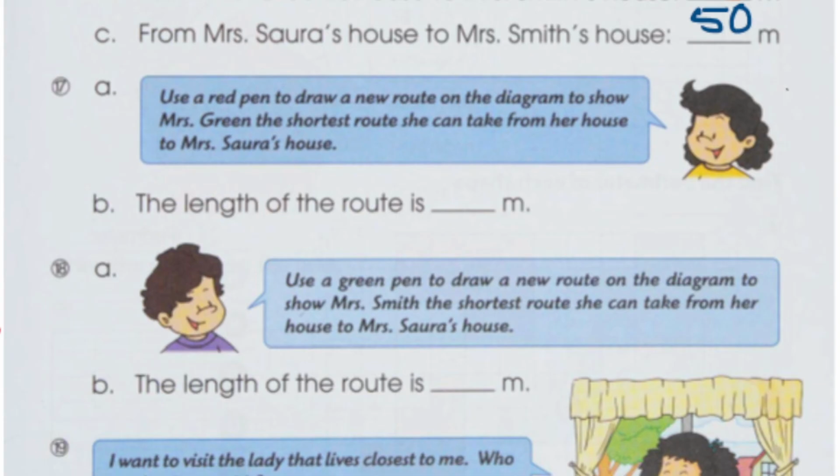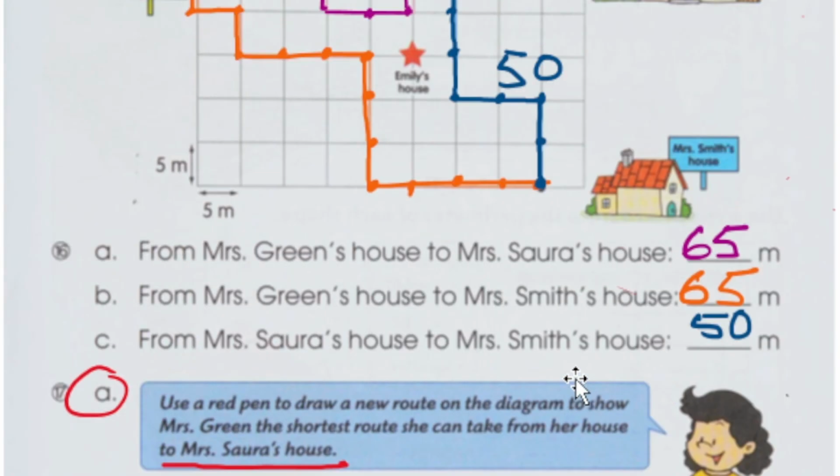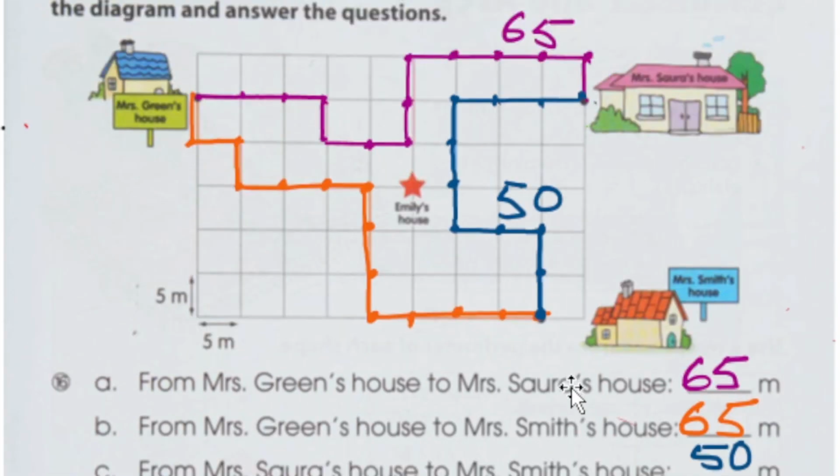Now they say, use a red pen to draw a new route on the diagram to show Mrs. Green the shortest route she can take from her house to Mrs. Sora's house. So this will be the shortest route.